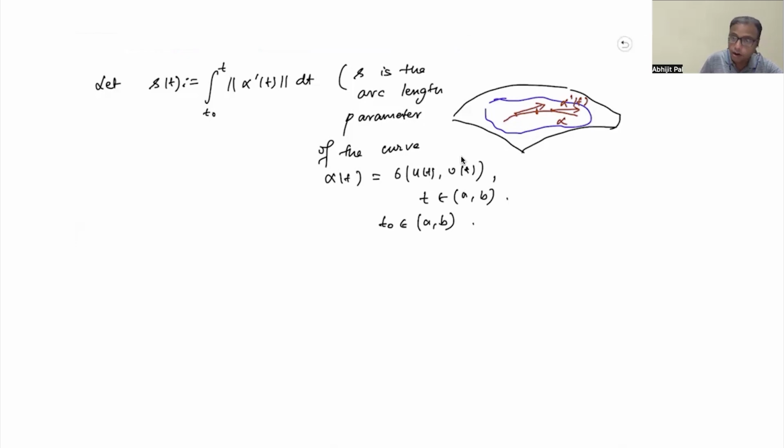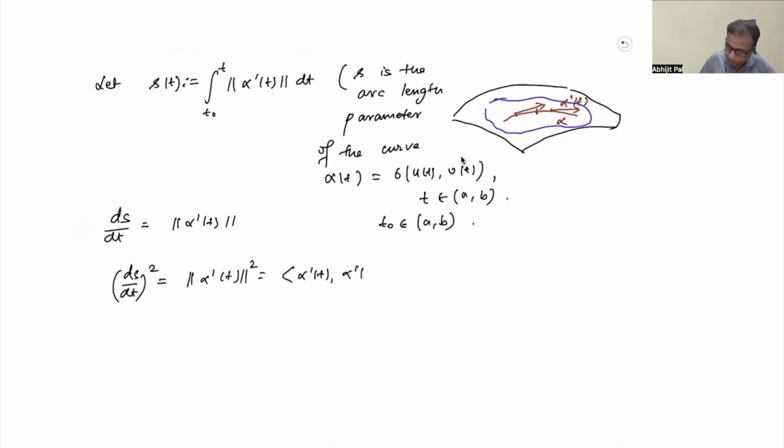Okay. Now if I take the differentiation of this s, so ds/dt will be equal to the norm of alpha prime(t), and (ds/dt) whole square will be equal to the square of the norm of alpha prime(t), which is equal to the inner product of alpha prime(t) with alpha prime(t).